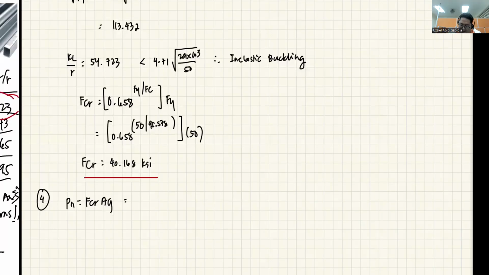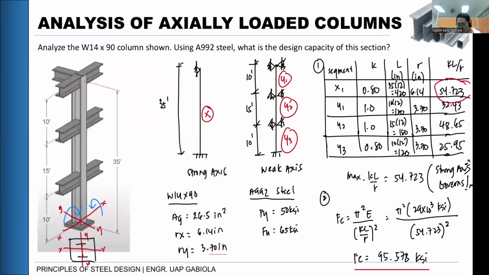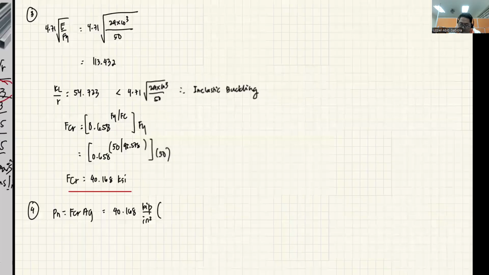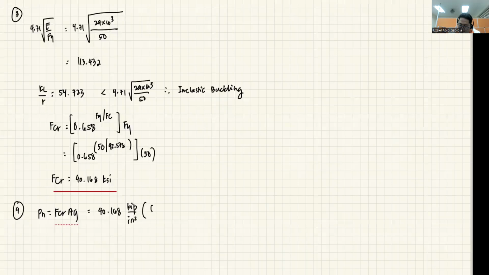So that is 40.168 KSI, kip per inches squared, times yung Ag natin based from our cross-section o table, 26.5 inches squared. So substitute lang natin, 26.5 inches squared. Cancel. So 40.168 times 26.5, that is 1,064.452 kip. Okay? Yan yung Pn natin.